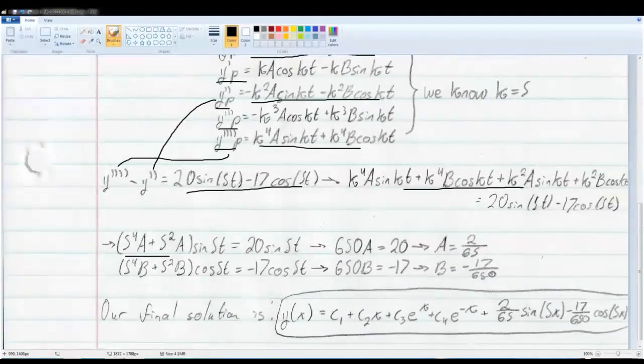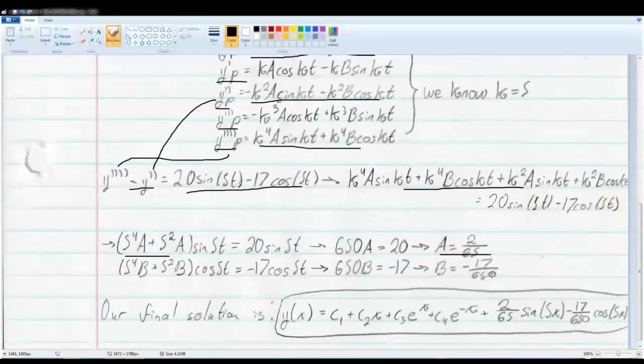And in this case, because I have negative y double prime, which is basically the original function but with k squared, and y quadruple prime, which is the same function but k to the 4th, I basically have two equations independent of each other, one in terms of a, one in terms of b.